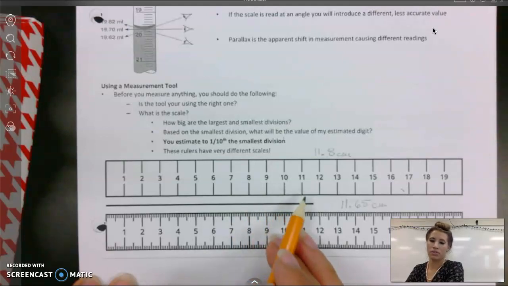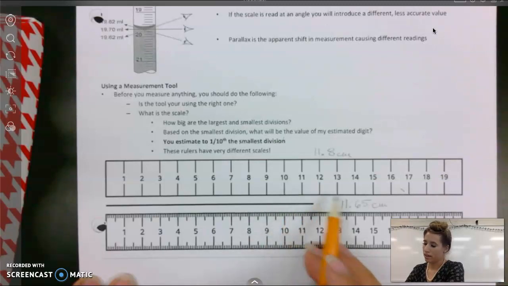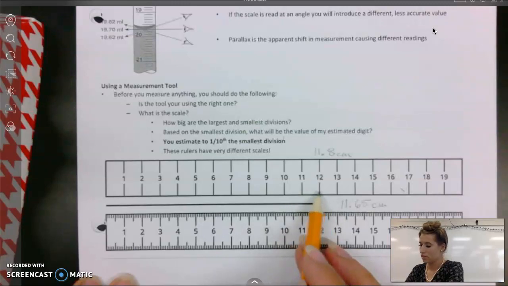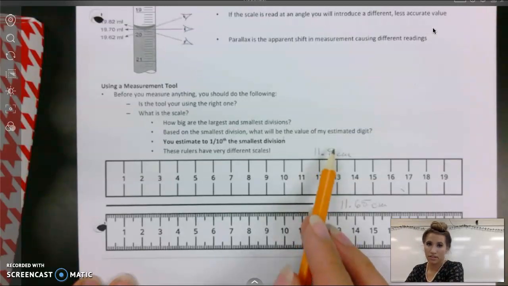I am certain that it is past 11. Now I'm going to make an estimation in between the smallest calibration marks, and I estimate that object is 11.8. But that's the estimation. That holds some degree of uncertainty.